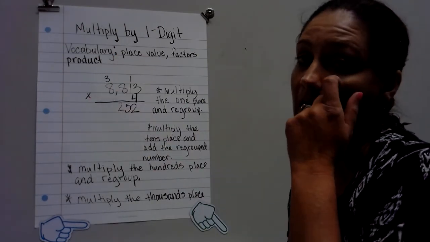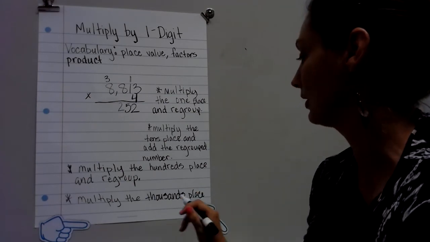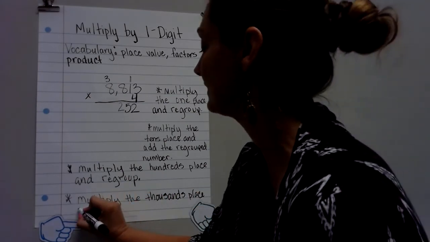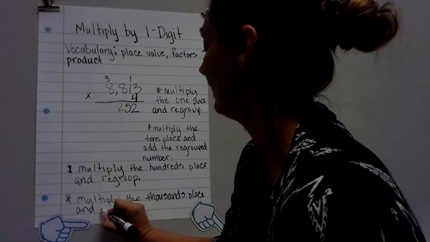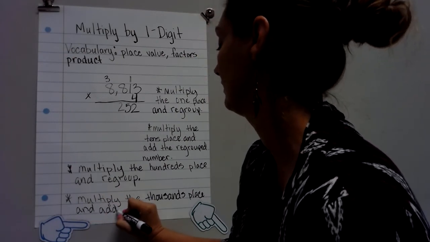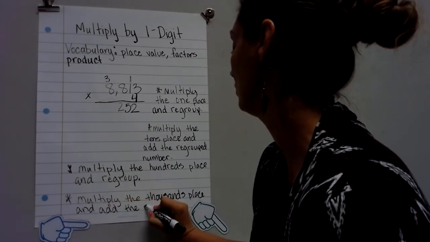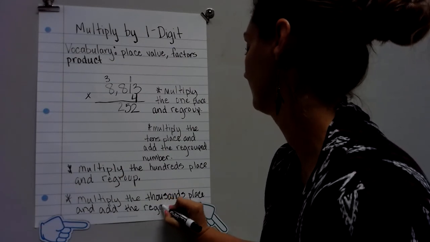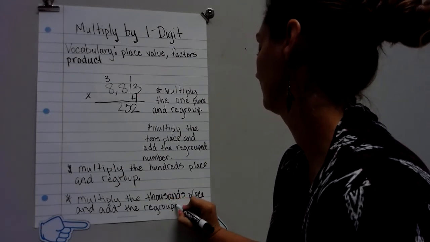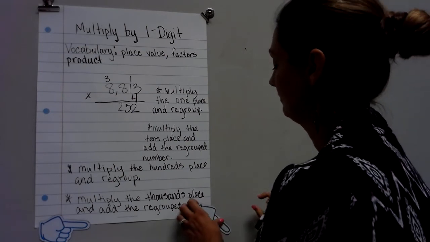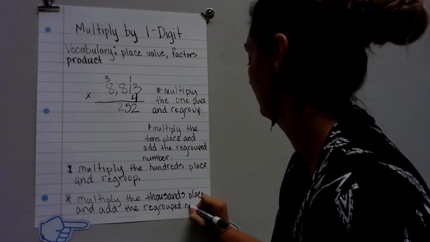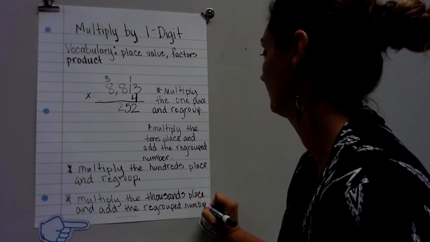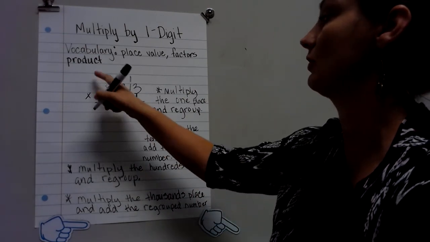What do I need to do? I need to add my regrouped number. Multiply the thousands place and add the regrouped number. So 32, 33, 34, 35.